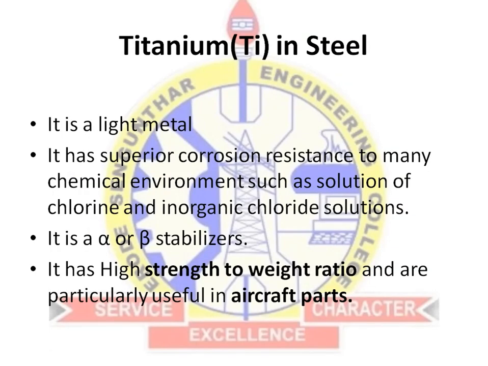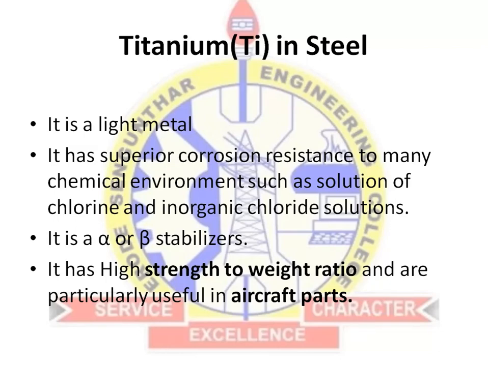Next is titanium. Titanium is a light metal, superior in corrosion resistance as well as wear resistance, which is provided in chemical environments such as solutions of chlorine and inorganic chloride solutions. Mainly it is used in the chemical industry, and it is an alpha and beta stabilizer.